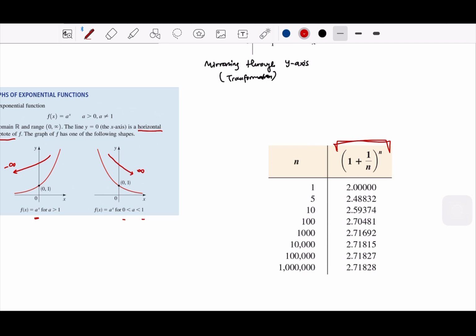This could be best illustrated by compound interest. Then we are going to see that the value is around this number when we deal with a large value of n.